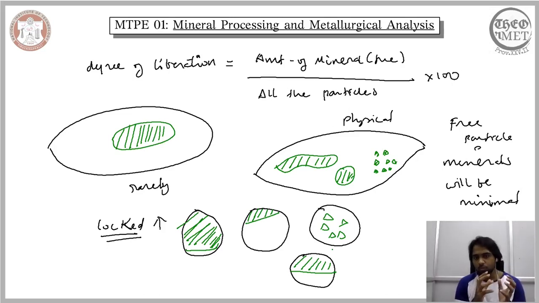However, when we move away from the theoretical consideration to a physical one, talking about the particles mined in a realistic case, the large portion of it will be locked particles, while only a lower portion will be free particles, be it gangue or mineral particles. And even the locked particles will not be homogeneous or identical, they will be of different forms. One form is that it will have a significantly larger portion.